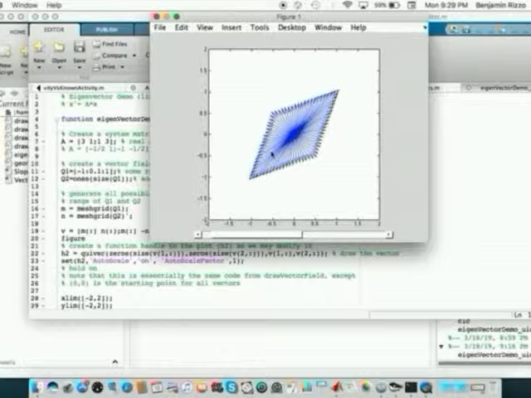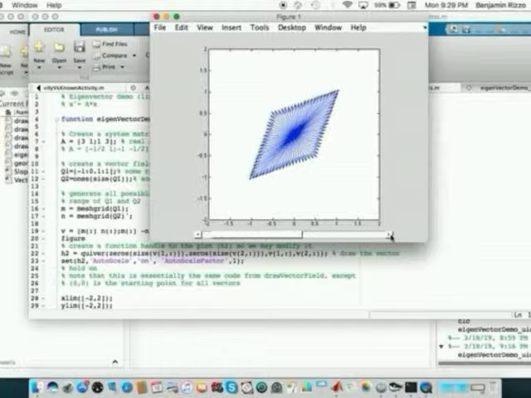You'll notice that the vectors pointing in these directions here have shrunk down a little bit, or maybe a better way of saying that is they've been attenuated. Whereas vectors pointing along this direction appear to have been stretched.